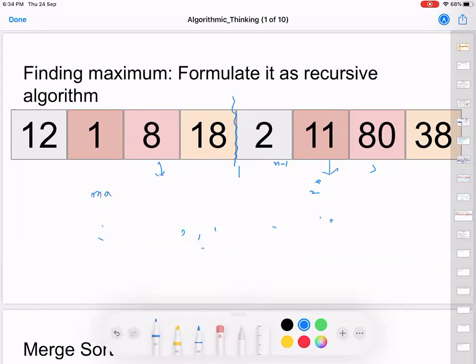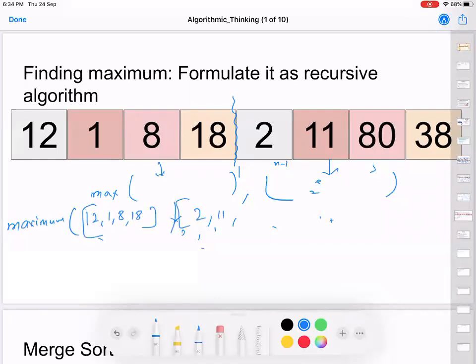So I'm going to do max of this particular array here and this one over here, right? And again, what this person is going to do, if I write it down, I'm going to do maximum of 12, 1, 8, 18, comma 2, 11, 80, comma 38, right?